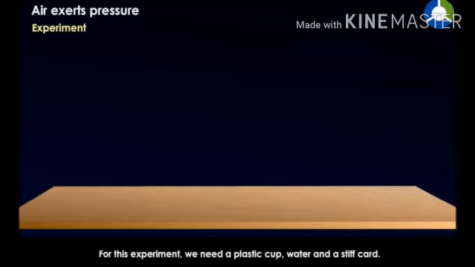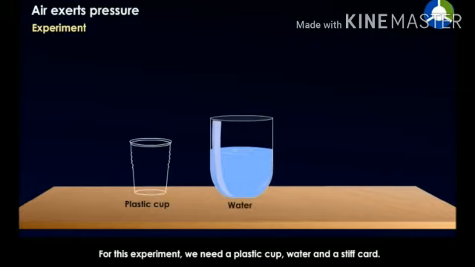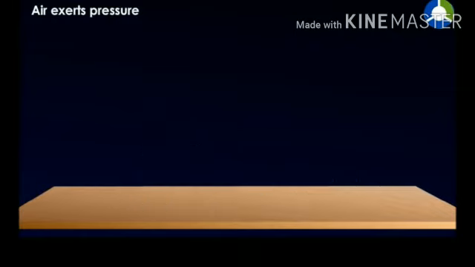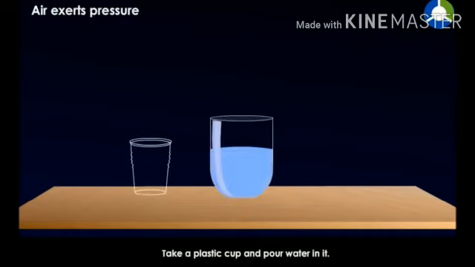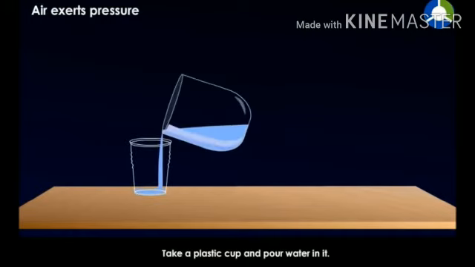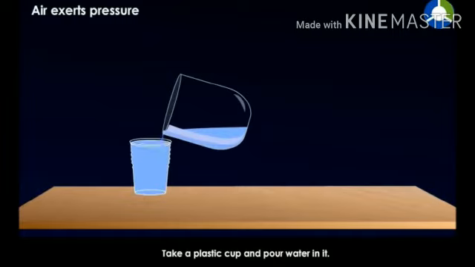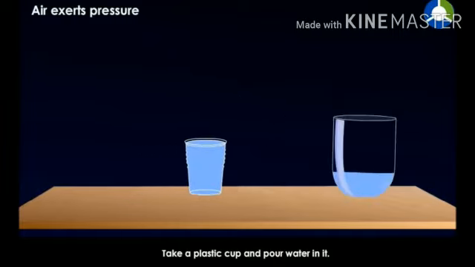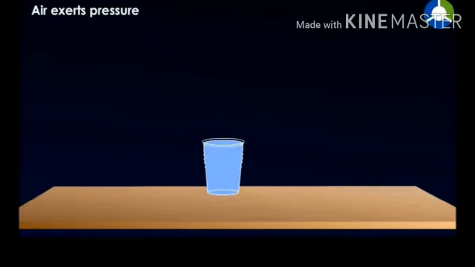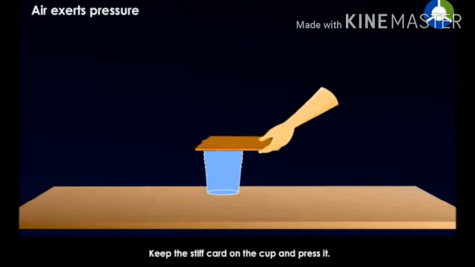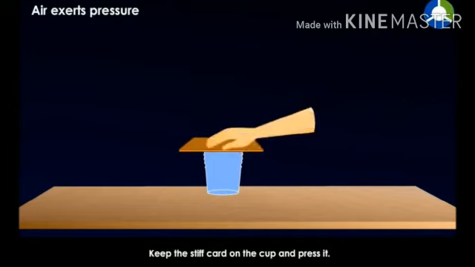For this experiment, we need a plastic cup, water, and a stiff card. Take a plastic cup and pour water in it. Keep the stiff card on the cup and press it.